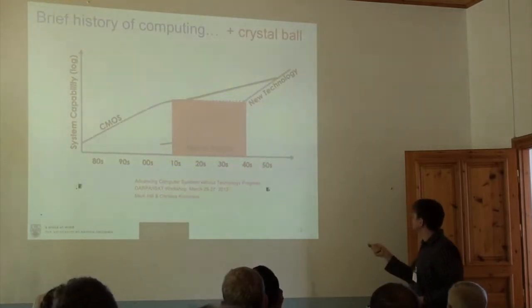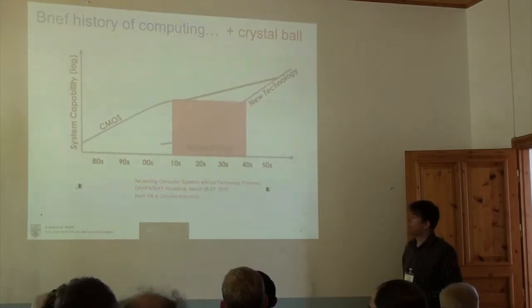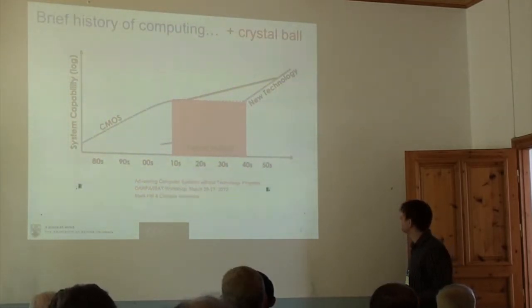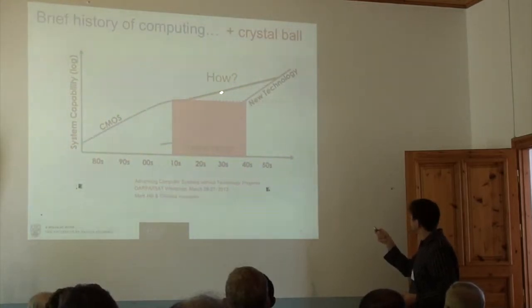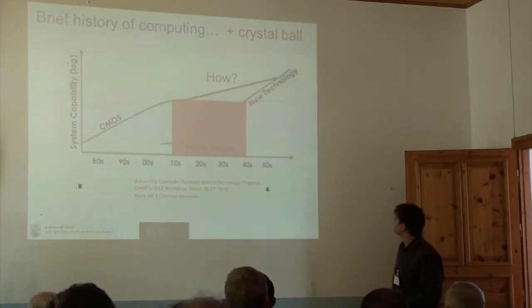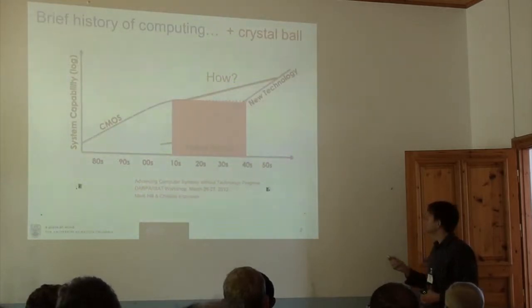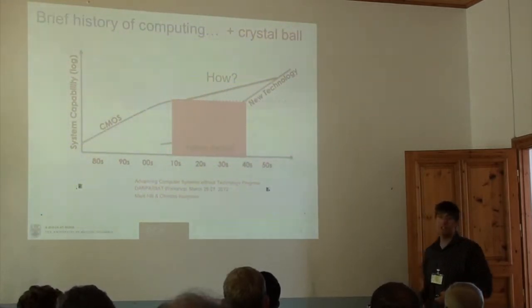Then the question will be, how can we continue to scale the system capability without actually scaling the technology nodes themselves? That's really the question here. How do we get some additional improvement in system capability? One of the things I want to talk about in this talk is, what are the things that influence the slope of this line that we're likely to see going forward?